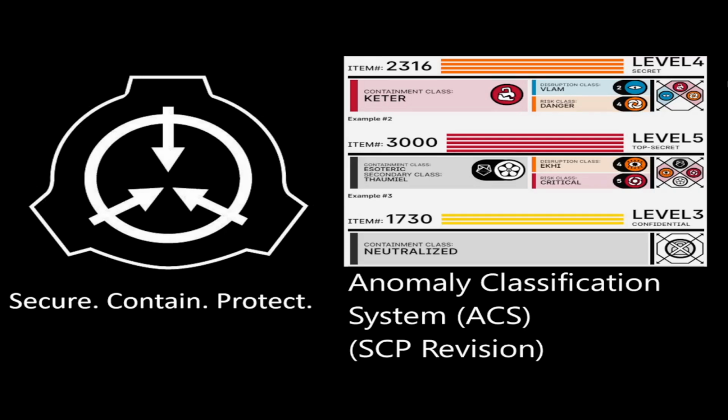There are also 5 levels to the risk class scale. Notice, the anomaly in question has a low risk potential. Individuals nearby may feel minimal effects from the anomaly, but these effects rarely pose any harm or even discomfort. Caution. The anomaly in question has a moderate risk potential.